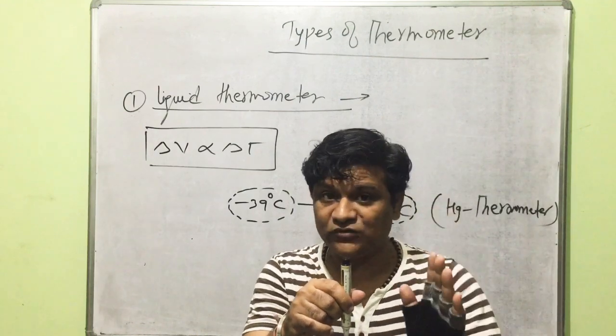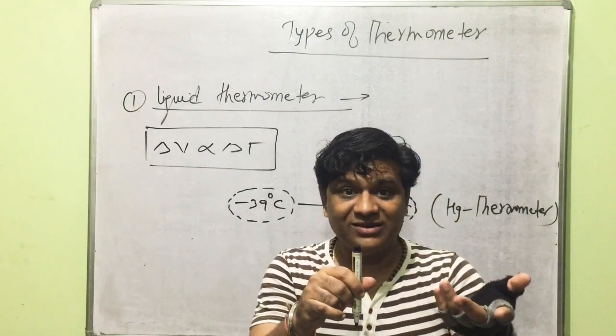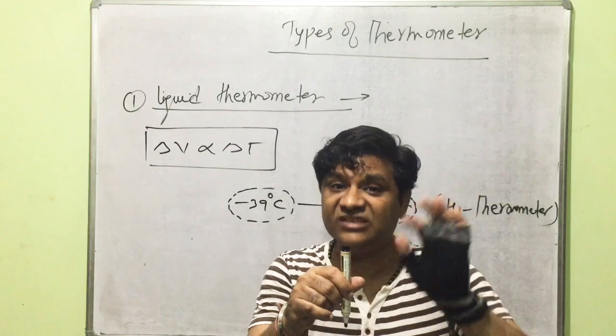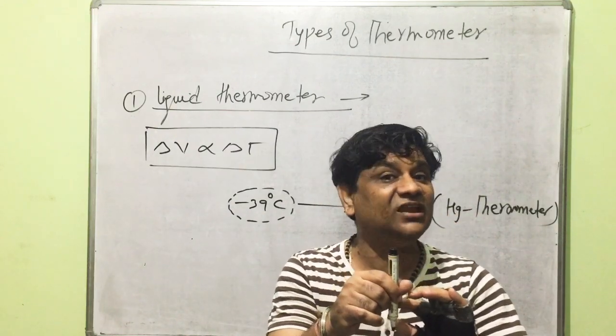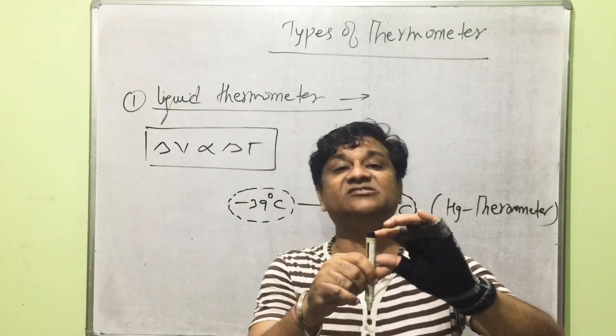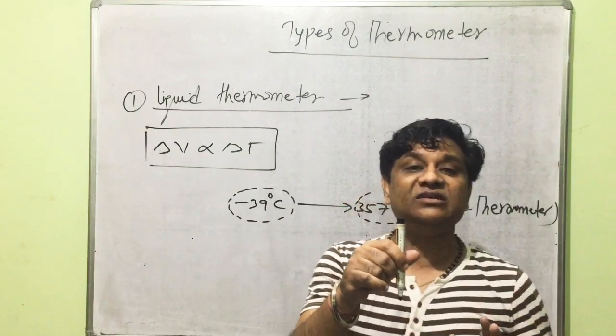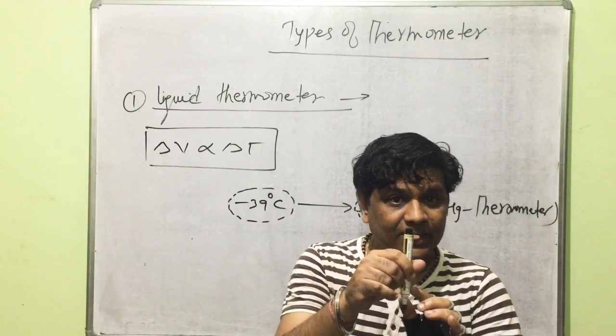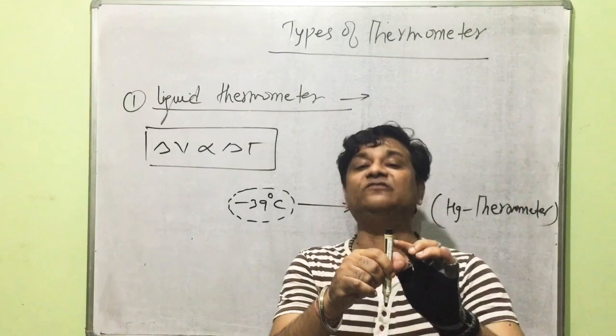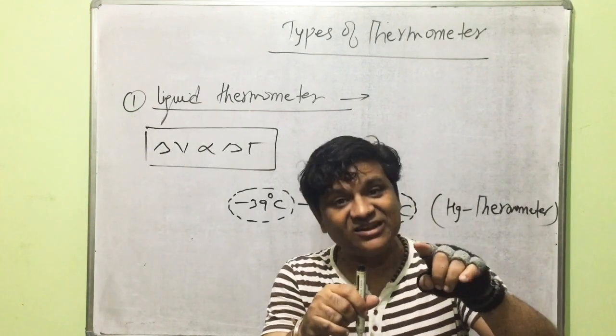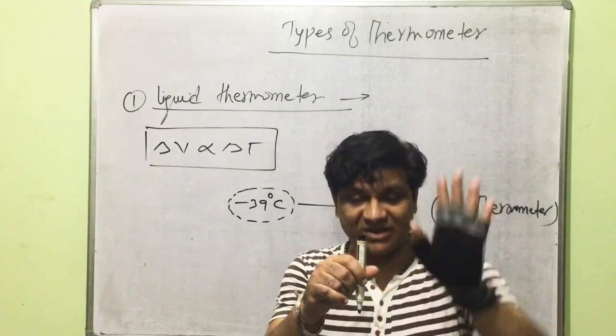It is nitrogen. Nitrogen is in a gaseous form. Expansion of gases is more than liquids. Mercury is in a liquid form, nitrogen is in a gaseous form. So whenever temperature increases, mercury will expand, nitrogen will also expand, but expansion of the nitrogen will be more than mercury.